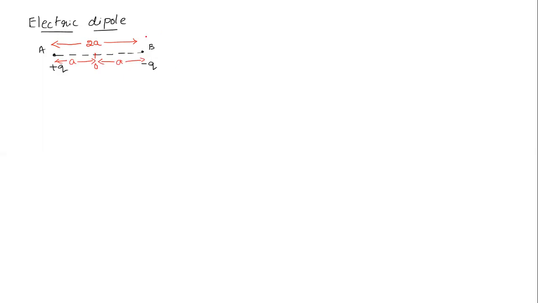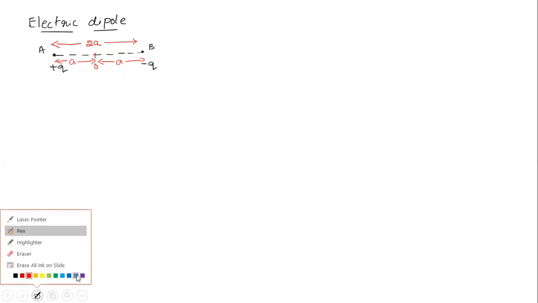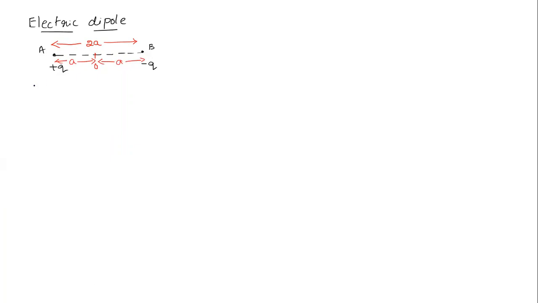So this is what we call an electric dipole. What is the definition of an electric dipole? Two equal and opposite charges separated by some distance.